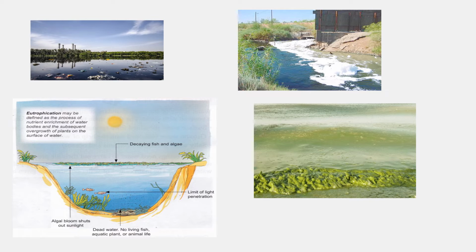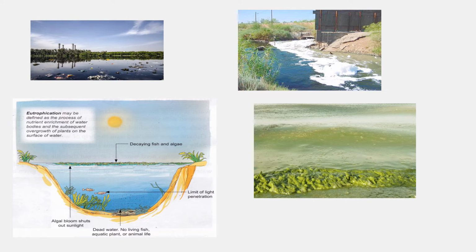Right? Now there is a labeling, just see, algal bloom shuts out the sunlight. So with the algae covering the surface, sunlight will not go deep into the water. That results in, see the labeling, decaying fish and algae. Can you locate?